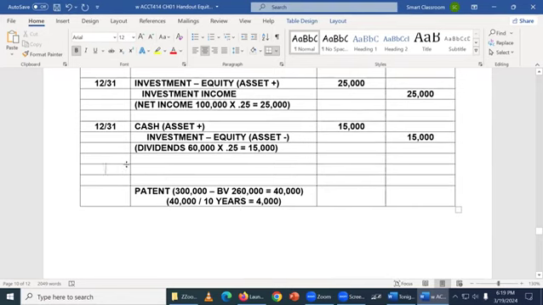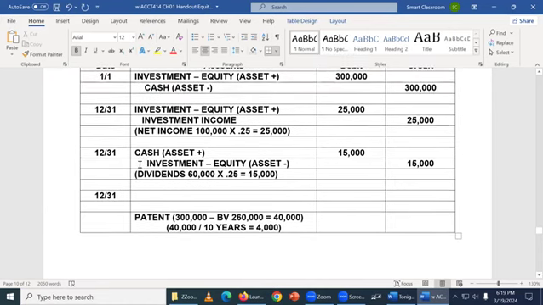What is the journal entry going to be to reduce our income? Investment income, yeah. We'll go down by 4,000. And investment equity.